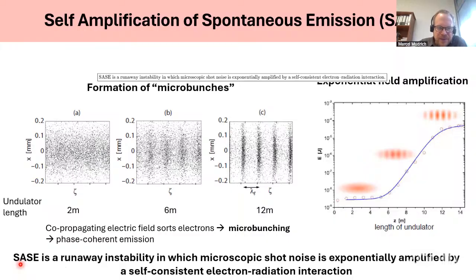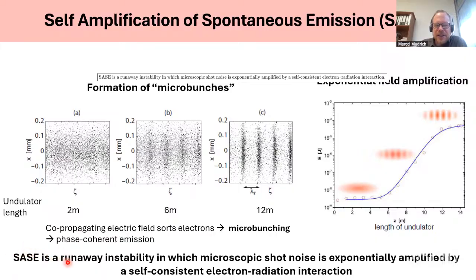So by definition, we can formulate that this process of self-amplification of spontaneous emission, SASE, starts from spontaneous emission, which is then amplified in this self-consistent way.